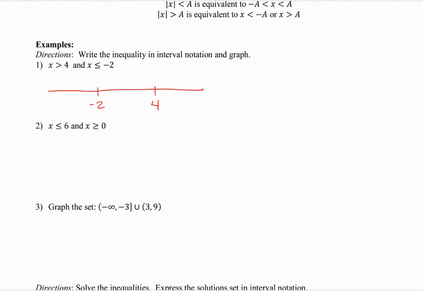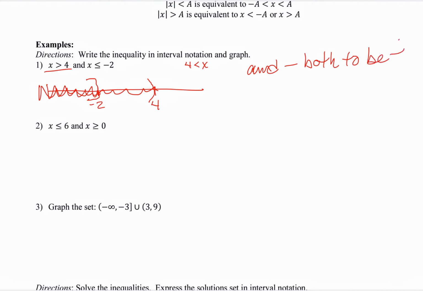Now, the first thing I do for this one is I'm going to rewrite it. So I have 4 is less than x. What I'm talking about is this region, and this region. And the "and" means that I want both of these statements to be true. So that means I want the overlap.